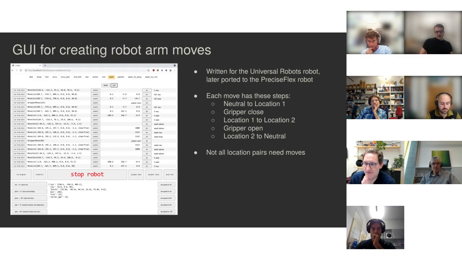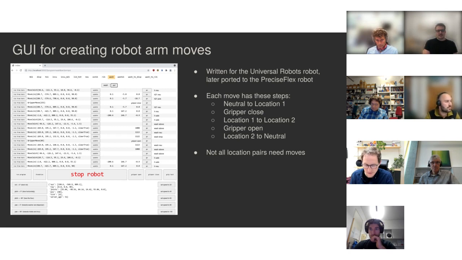Our robot arm GUI, or graphical user interface to make robot arm moves, looks a bit like this. It was first written for the universal robot arm we have, and we also have another kind of robot, the PreciseFlex, so we could port this user interface to also work on that.